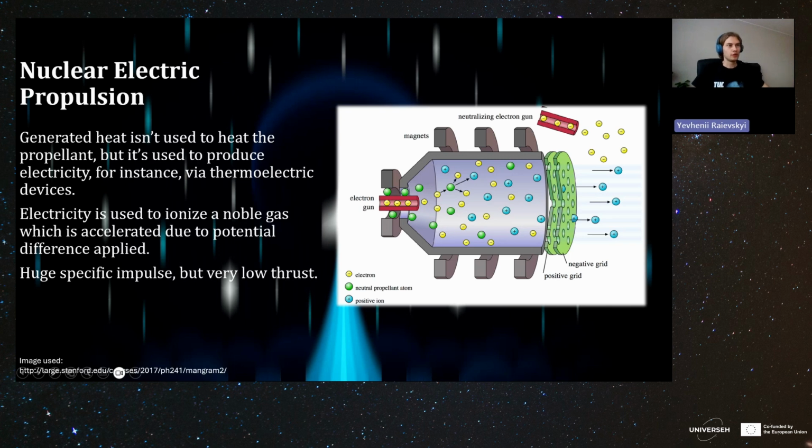A nuclear reactor is used not to directly heat a propellant, but rather to produce electricity. And that electric power then drives electric propulsion thrusters, for example ion engines like this one here.